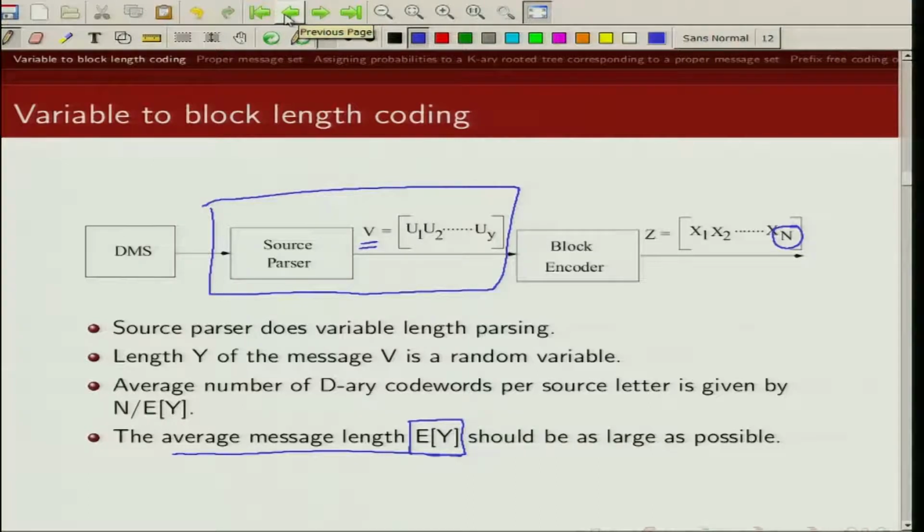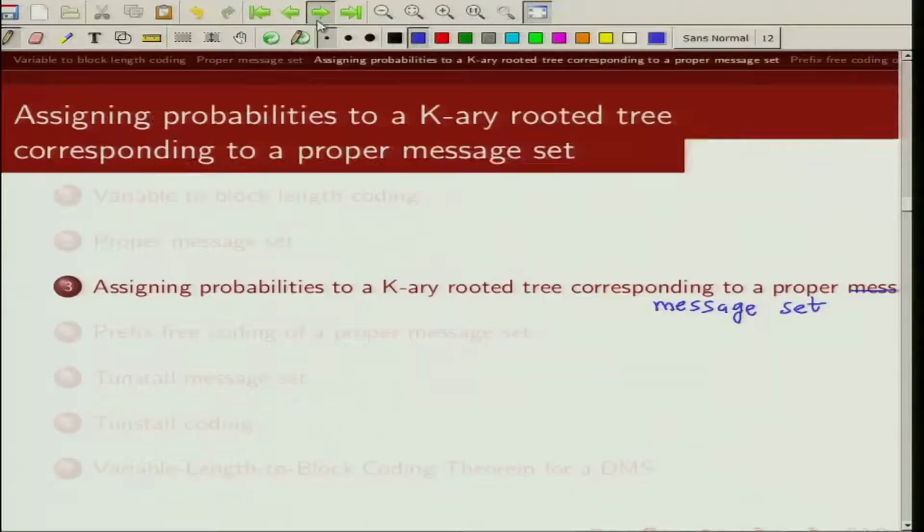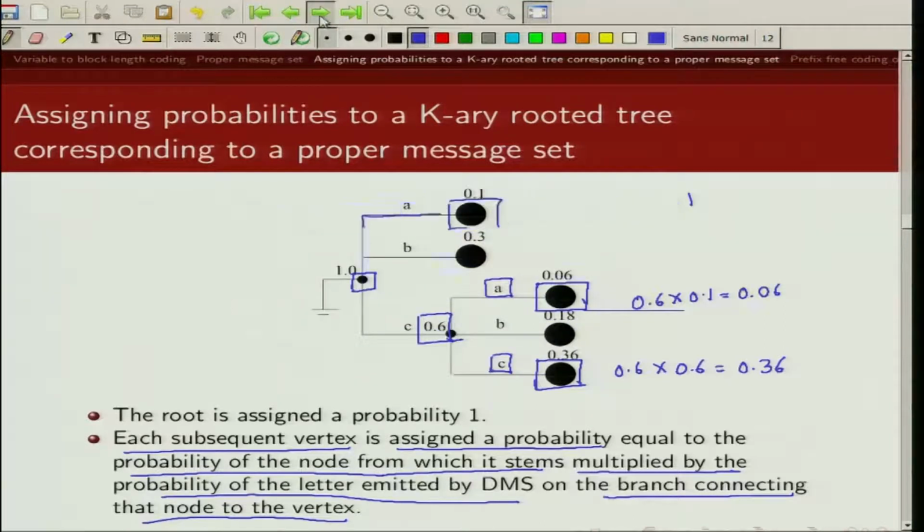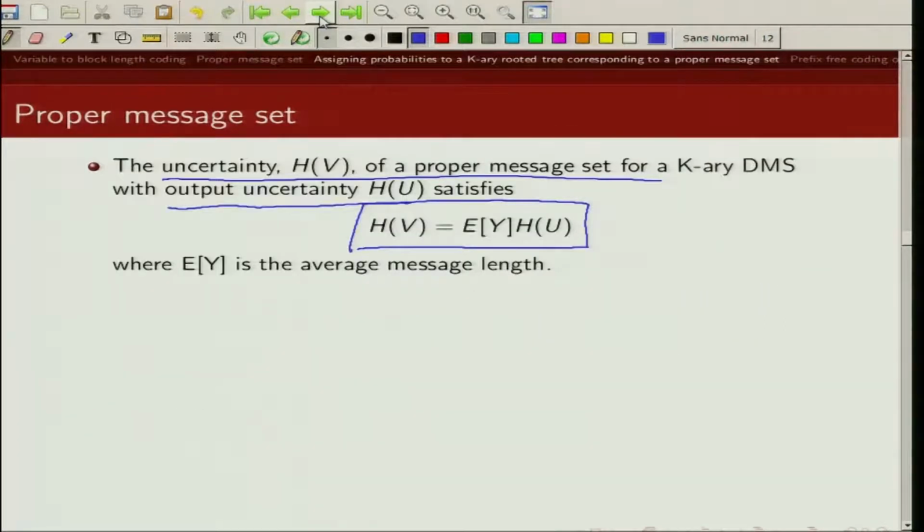U is basically my input to the source parser and V is the output of the source parser. If you have a query discrete memoryless source, I have U1, U2, U3, UK. These are the bits emitted by the discrete memoryless source, and V is the output of my source parser. And I am using a proper message set to design my source parser.